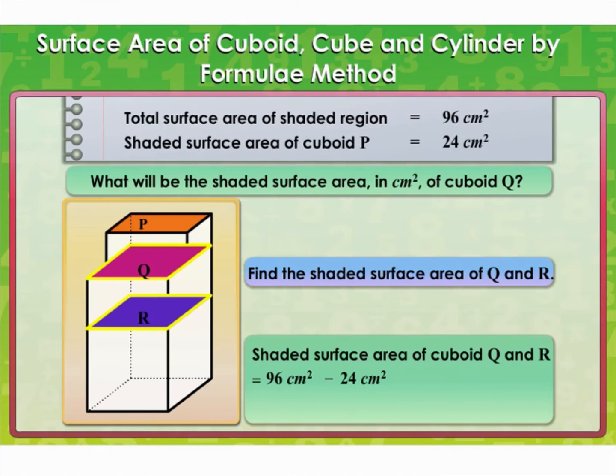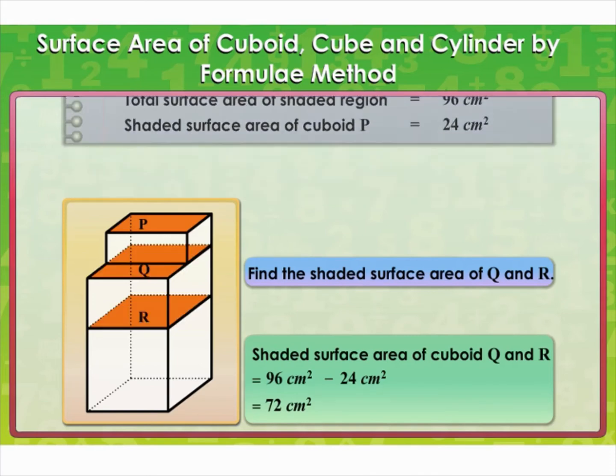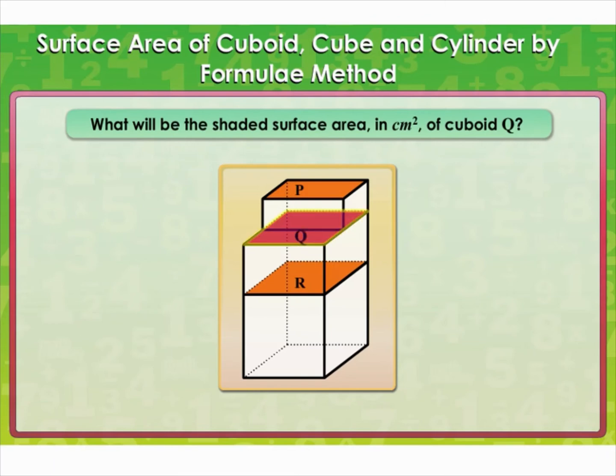Subtracting 24 square centimeters from 96 square centimeters, we get 72 square centimeters. Now, how do we find the surface area of Q? Look at the sides of the shaded regions of the cuboid. Are they of the same dimensions?